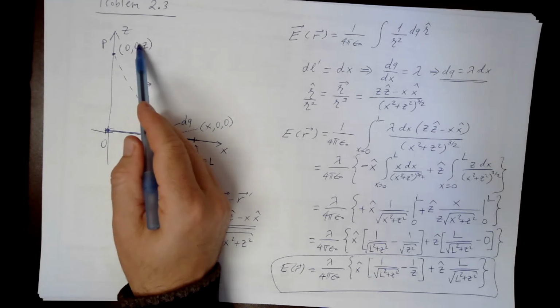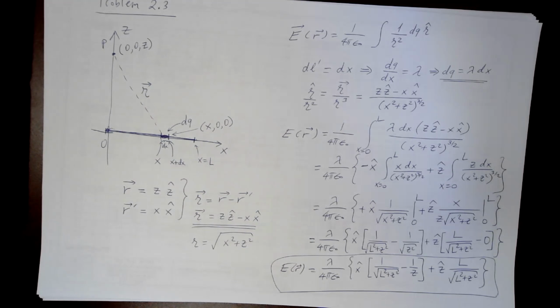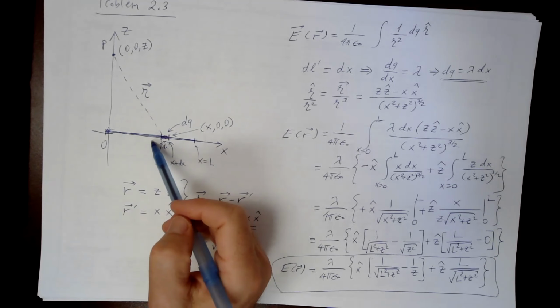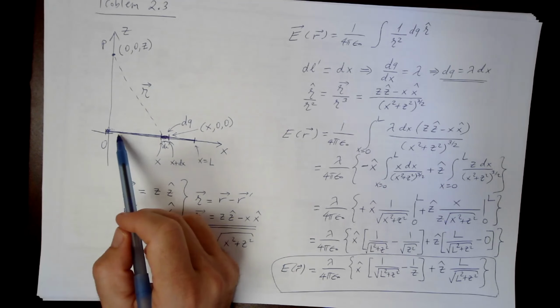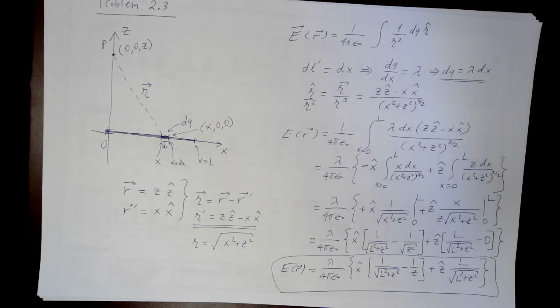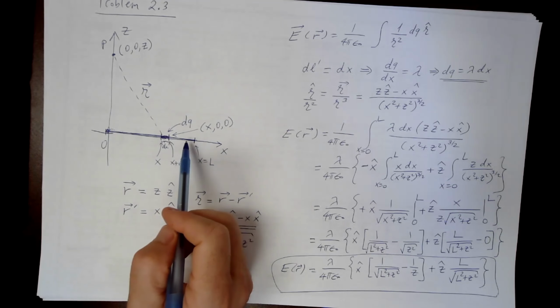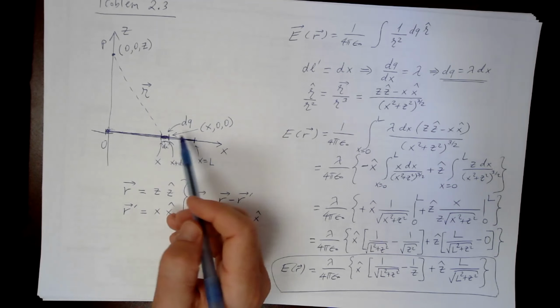Meaning, if z is much greater than L, so what do we expect? Well, if you are really, really far away, again, pause this for a moment and think about it yourself. If you're really far away from this, you would see it like a point charge, right?